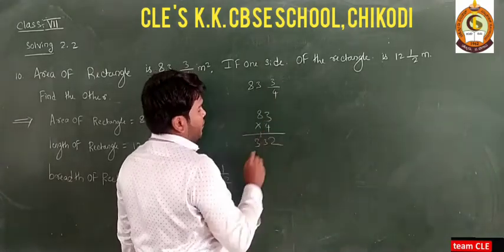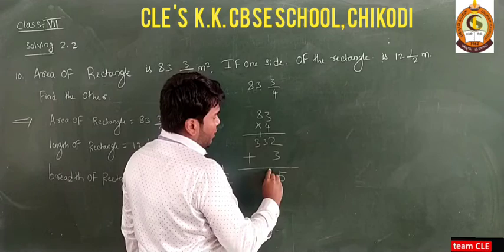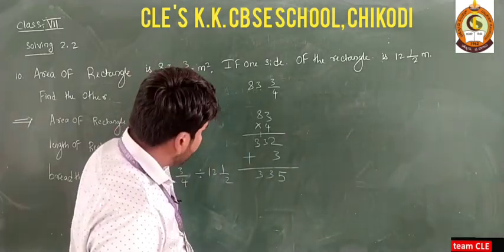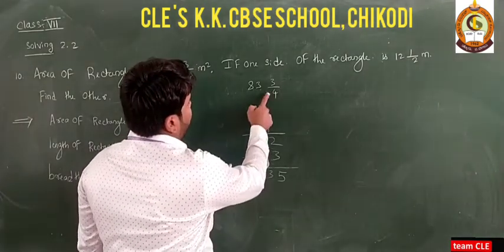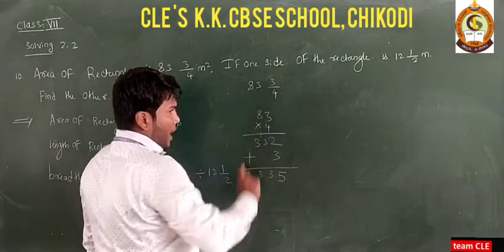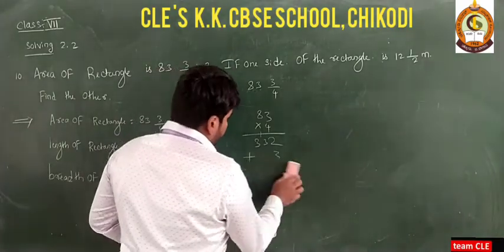Next you have to add 3, that is 335 by 4. 83 into 4 gives 332, then you add 3, that is 335 by 4.